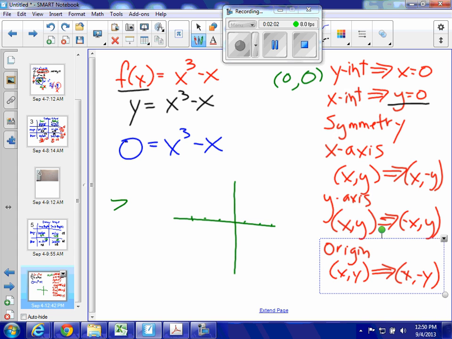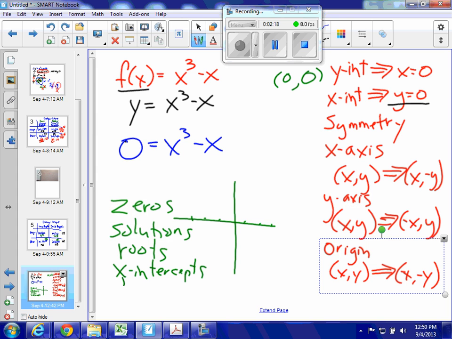We call them zeros. Sometimes we call them solutions. Sometimes they're called roots. Sometimes they're called x-intercepts. And sometimes they're called factors. All of those are related to the exact same thing: where a graph is crossing the x-axis.